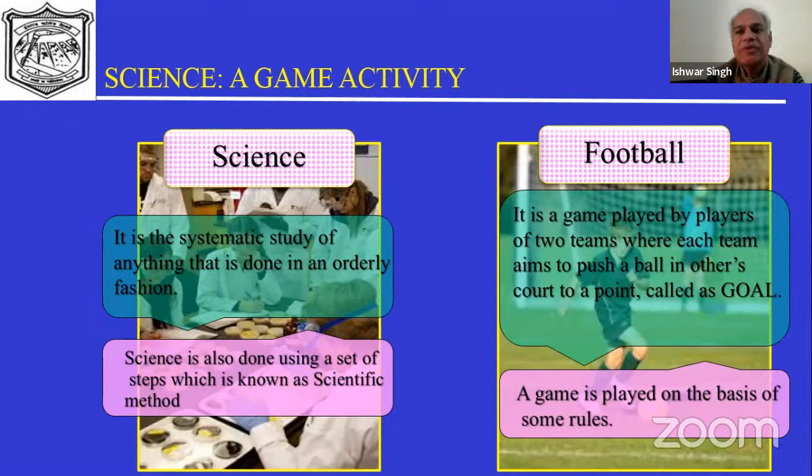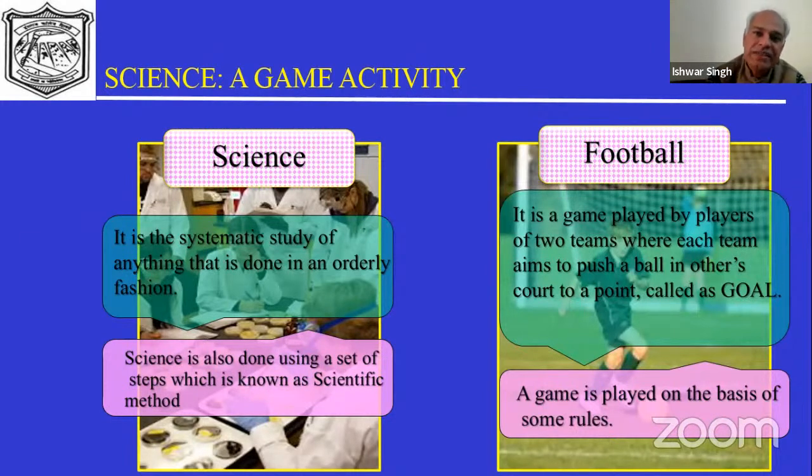Once you have developed this art in your students, they will start enjoying science, and they will never take science as a challenge, but they will enjoy and they will try to find out the solutions because now they are familiar with the rules.